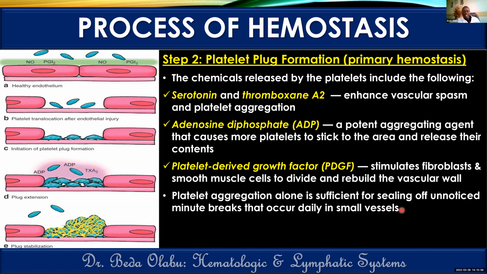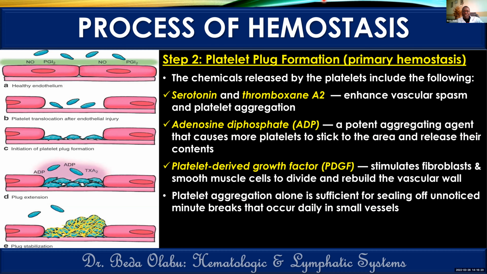Usually, platelet aggregation alone is not sufficient to seal larger vessels, but for small vessels, it's very efficient. And usually there are multiple breaks that occur within the vascular system that platelets usually help to seal very fast on a daily basis.